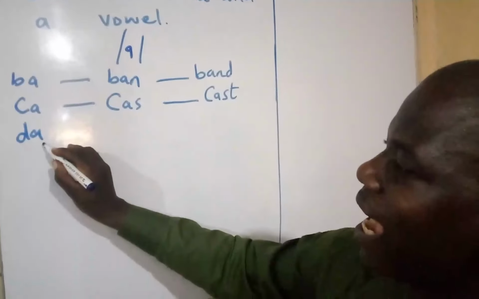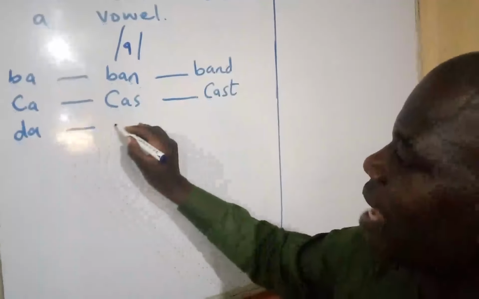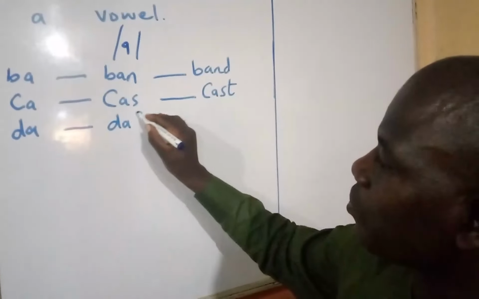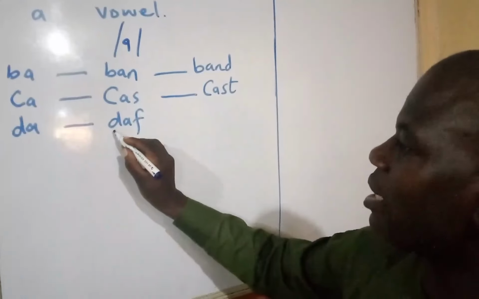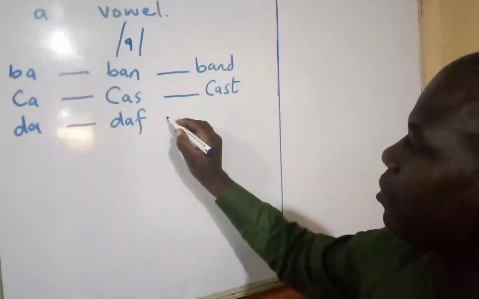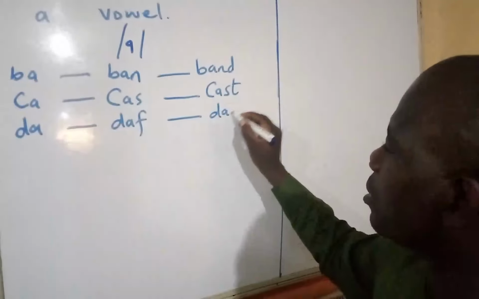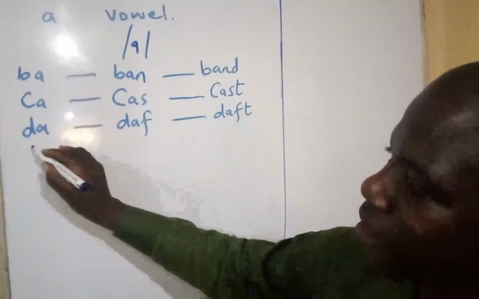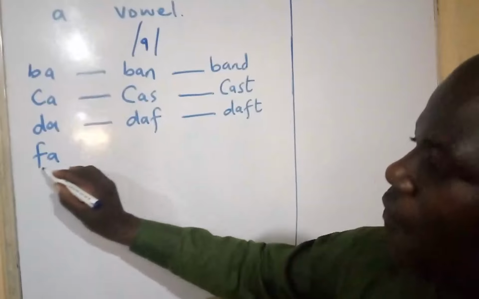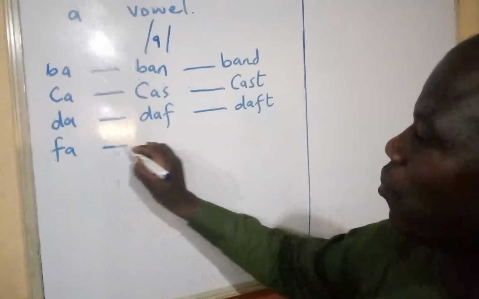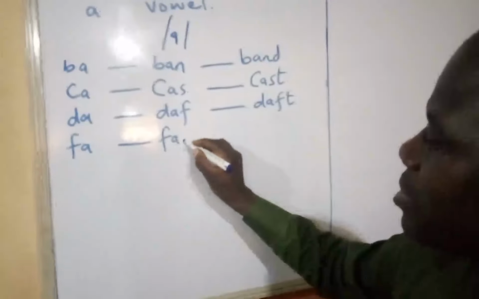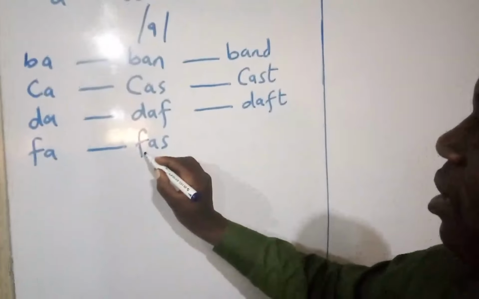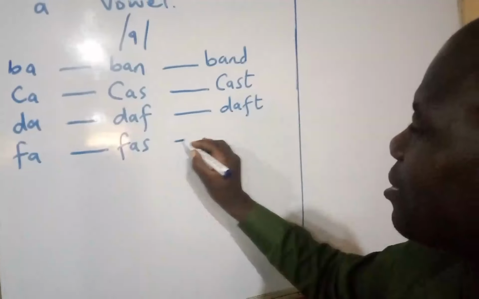2. Da. Add a letter with this gives you daff. 4. Daft. Next one, fa with a consonant sound of S gives fast.